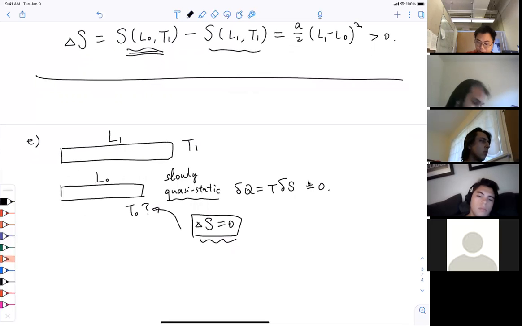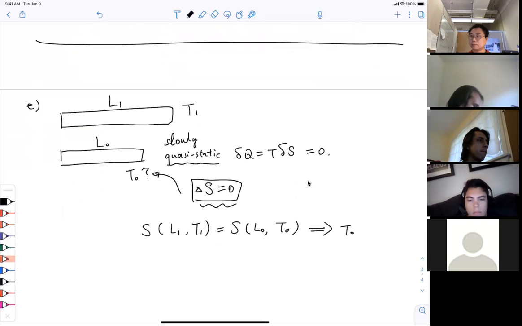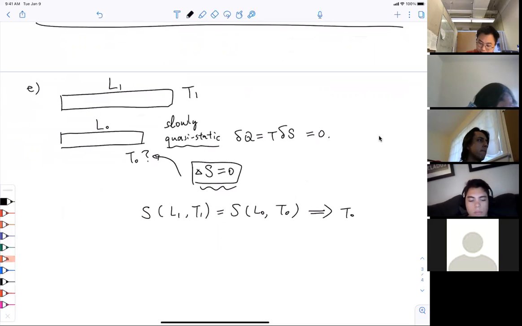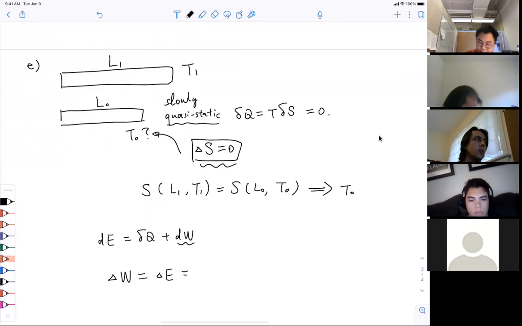Basically, we have S(L1, T1) equal to S(L0, T0). We can solve for T0. Once we have T0, because dE equals delta Q plus dW, where dW is the work done on the system, it tells us that delta W, the work done on the system, equals the change in the internal energy.